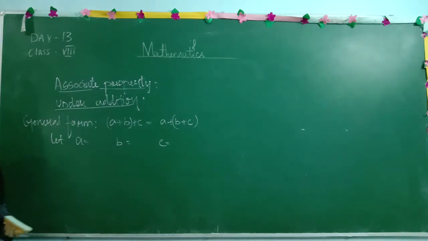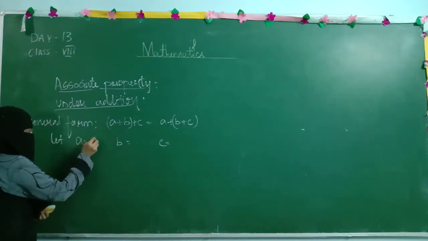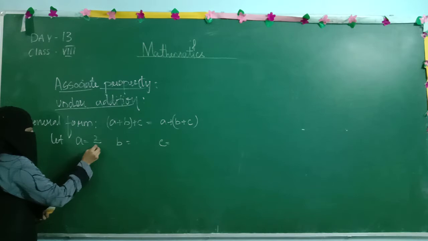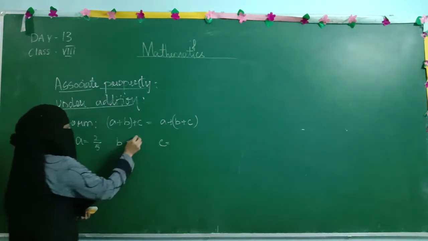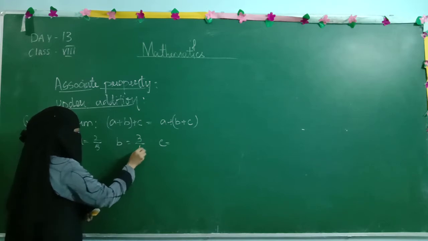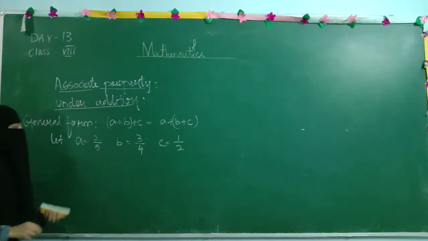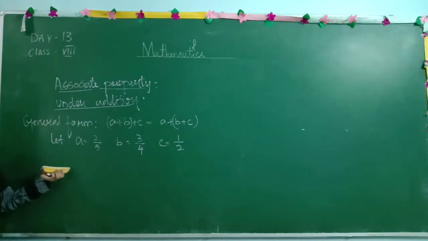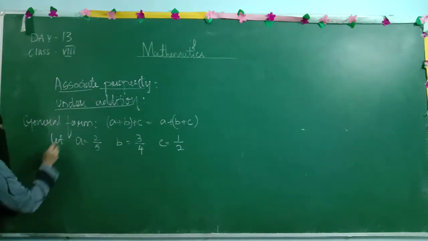Rational numbers are nothing but numbers in the form of P by Q. So now I am going to take 2 by 5, or 2 over 5, and 3 by 4 and 1 over 2. Here I have taken my own rational numbers and am considering them as A, B and C. First I am going to take the LHS part.